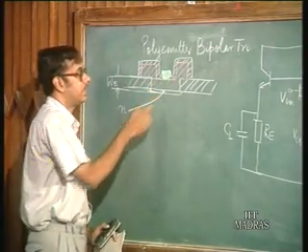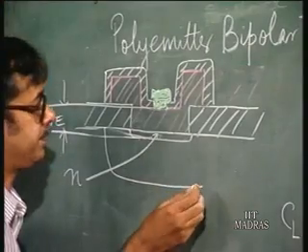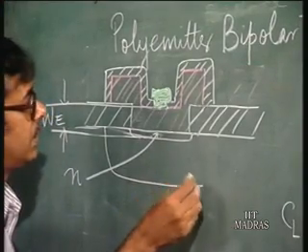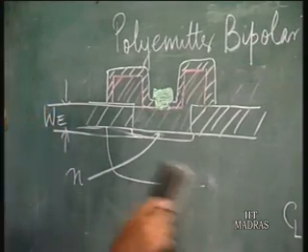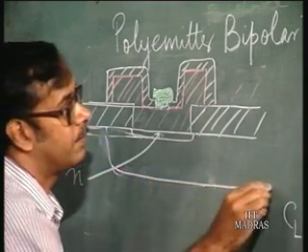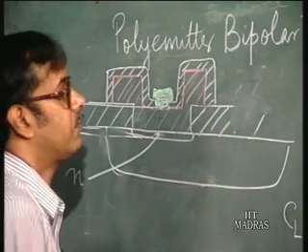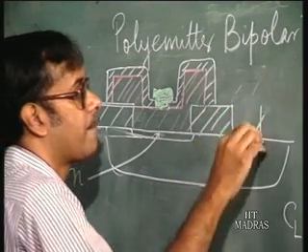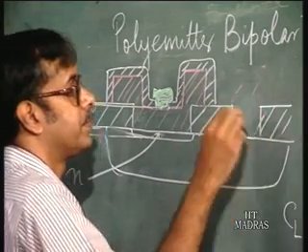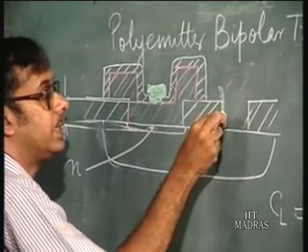So this is the emitter base junction. Suppose you have the base region like this. Then you have the base contact somewhere here. So you will have the base metal here.